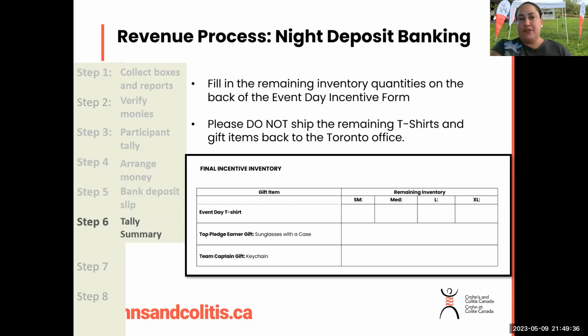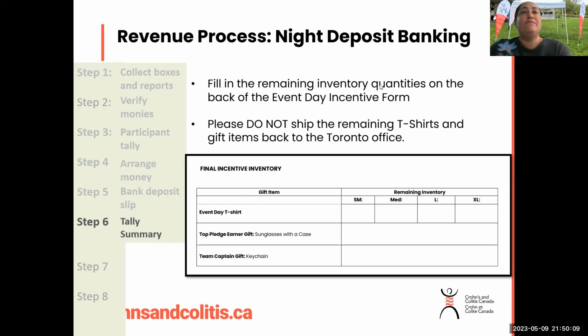So on the back of that form, you can enter the remaining inventory, which will be event day t-shirt, top pledge earner gift, and the top team captain gift. It only says small, medium, large, and extra large because we can only send certain sizes. Because mainly we are sending the t-shirts by mail to participants. And if they don't receive it on the event day, then we will just send it to them afterwards.